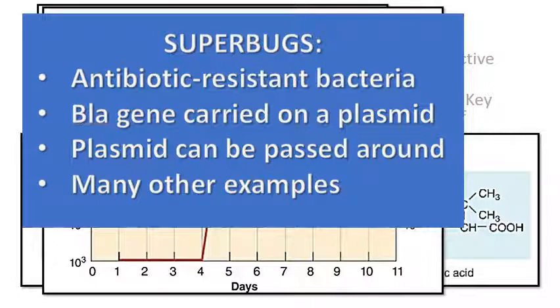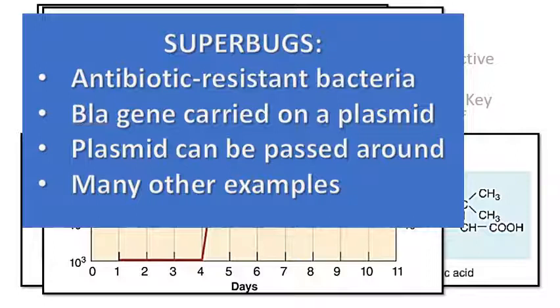Okay, so superbugs is what we call antibiotic-resistant bacteria. In this case, the superbug is resistant to any of the beta-lactam family of antibiotics. The beta-lactamase gene is carried on a plasmid. It's called the BLA gene. The plasmid can be passed around.